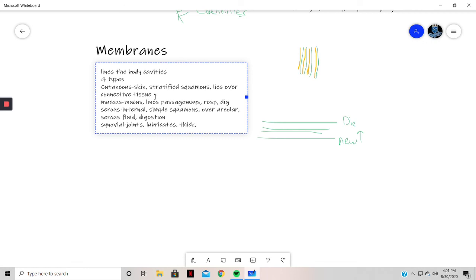And of course it produces synovial fluid, and this helps reduce friction. Reduce friction. All right, there you go.